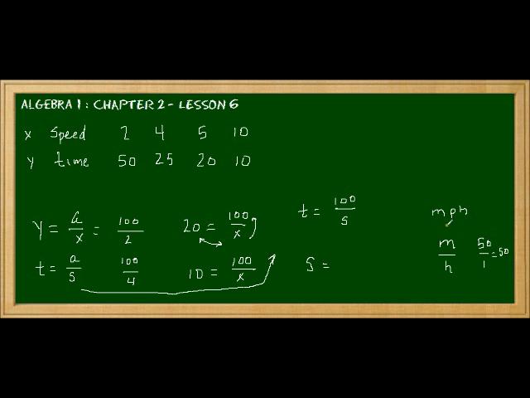So how could we then represent s is equal to the speed? Well, that would be 100. That would be the miles, or in this case, we use meters, and the time that it takes, which we're representing in seconds, okay? So we can write either time is equal to 100 divided by s, or s is equal to 100 divided by t. And what you're seeing is that these are interchangeable. You could move one back and forth.